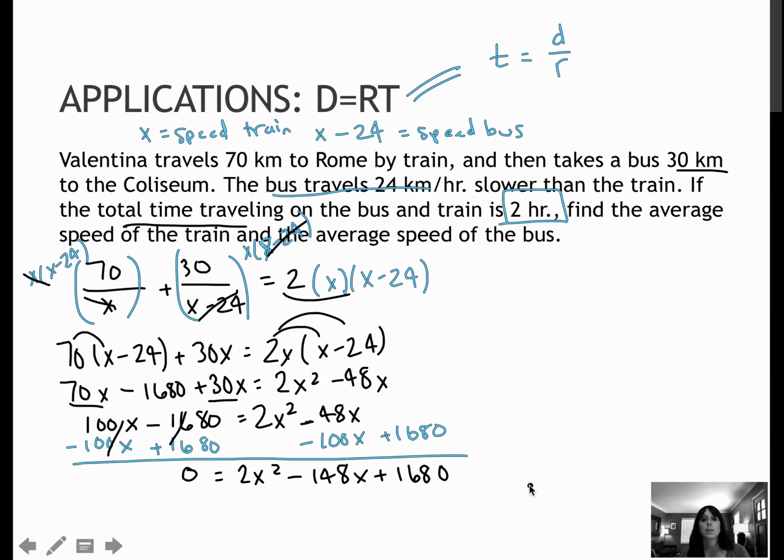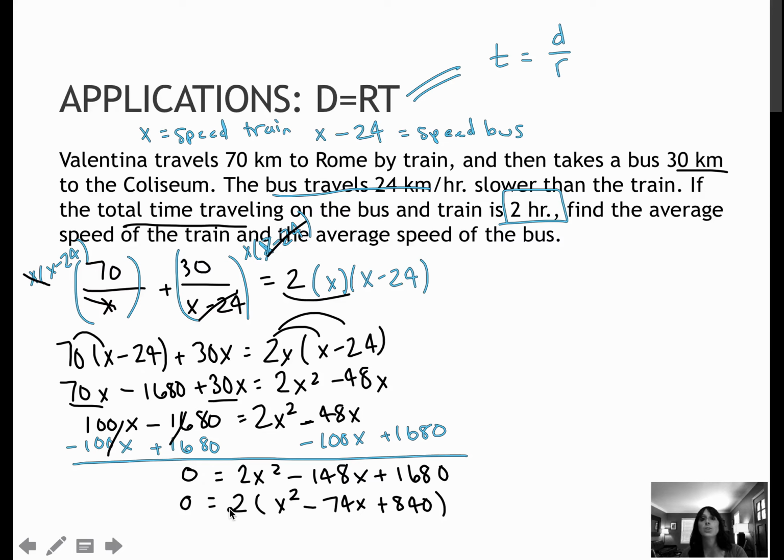Now I need to do some factorization. So I'm going to actually go ahead and take a 2 out of everything to make those values just a tiny bit smaller. And that gives me x squared minus 74x plus 840, all equal to 0.